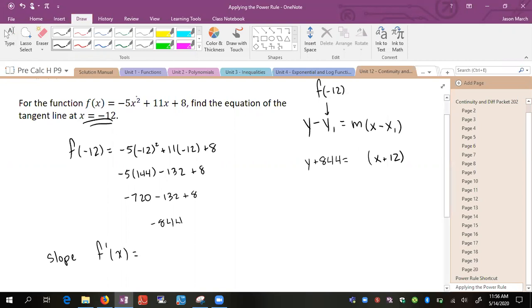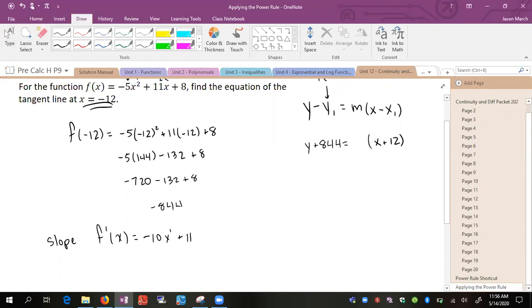So power rule says if I take the exponent and multiply it with the coefficient in front, we get -10x, drop the exponent by 1 to the first, plus 11 times the exponent of 1 is still 11. And then x to the 0, so I don't have to write anything there. And then the constant just goes away. So there's f prime of x.